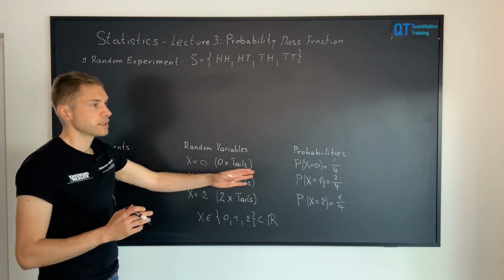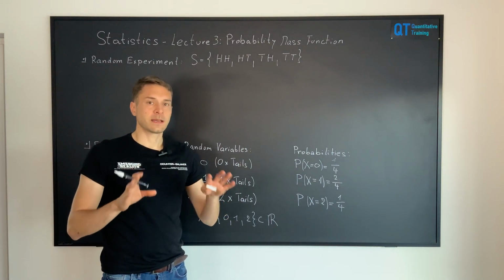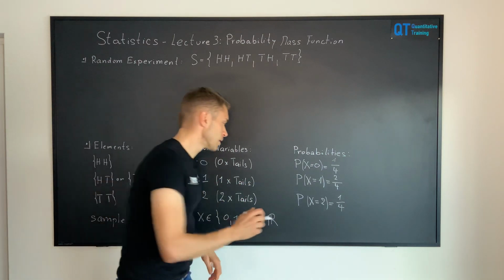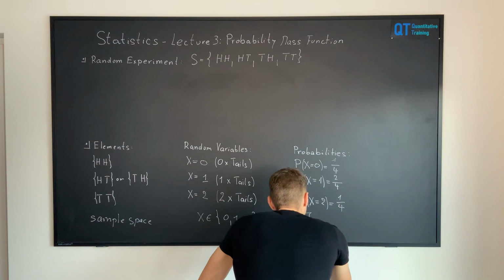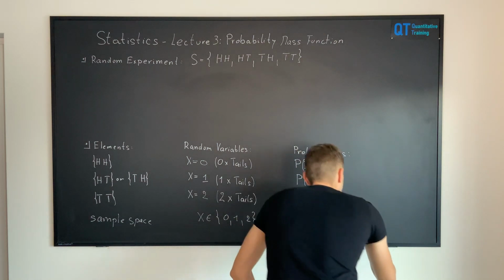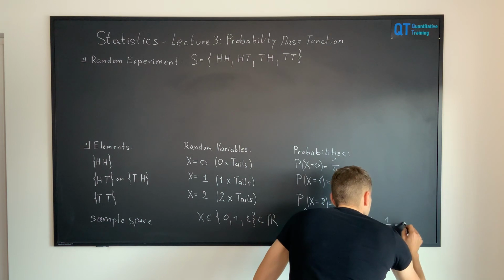And we saw that if we take the probability of all the elements contained within the sample space, we have to end up at the total probability of 1. So we have the sum from k equals 0 to 2 of the probability of the random variable x equals k, which is 1/4 plus 2/4 plus 1/4, which of course is 1.